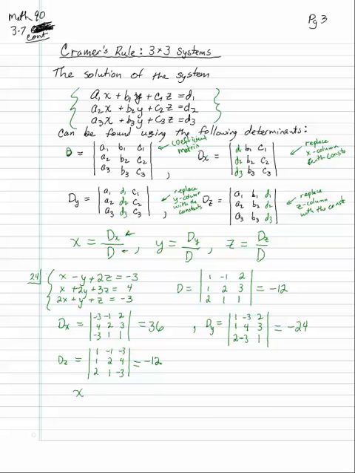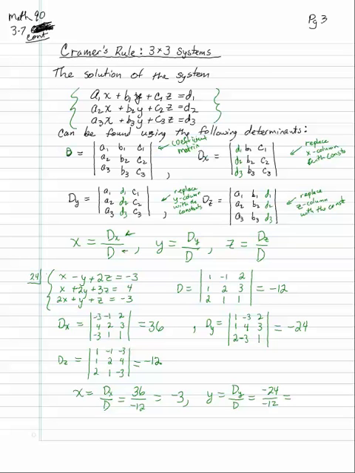Now, x is d sub x divided by d, which we just found d is negative 12. D sub x is 36, so x is negative 3. Y is d sub y over d. D sub y is negative 24.